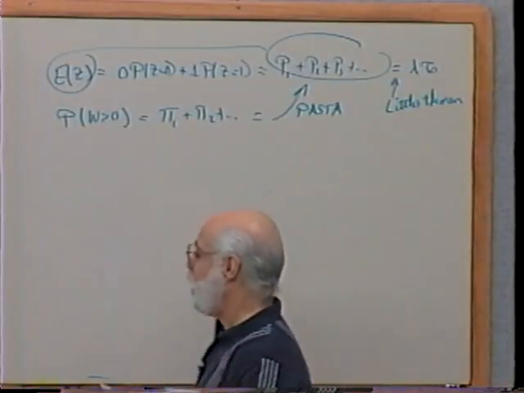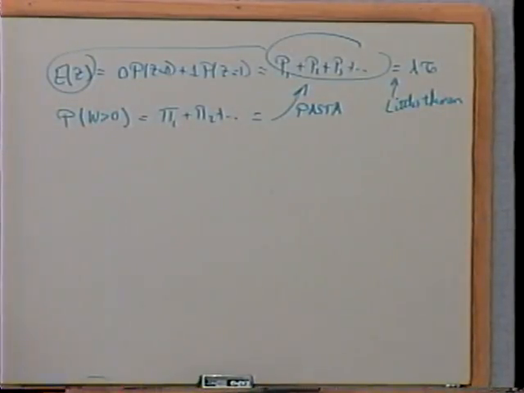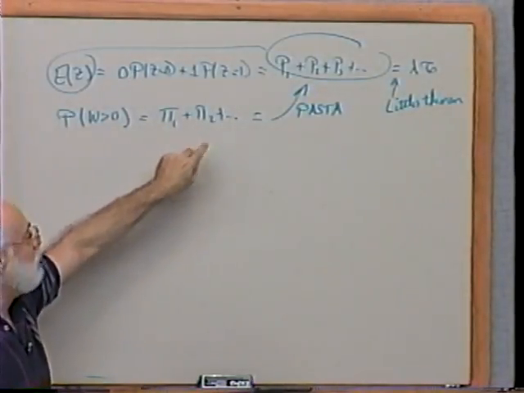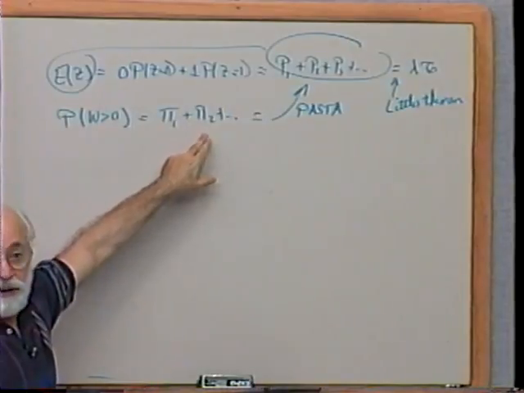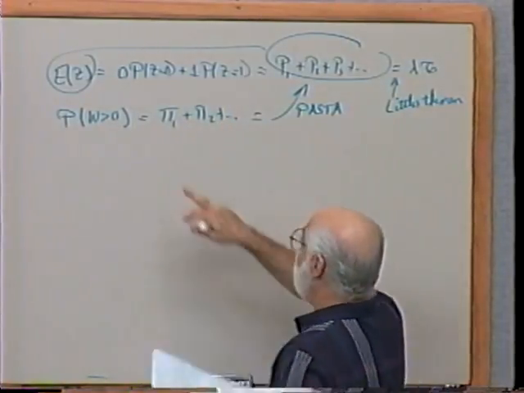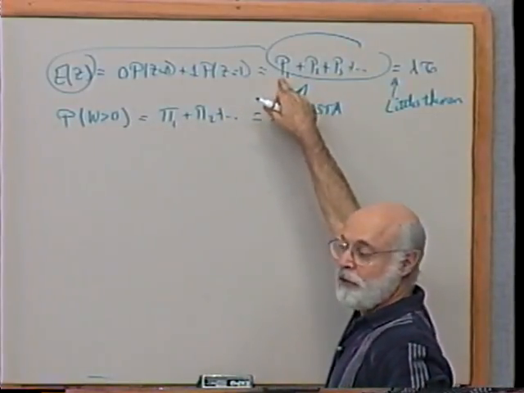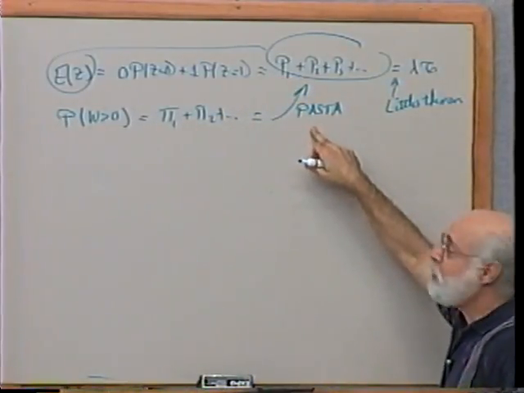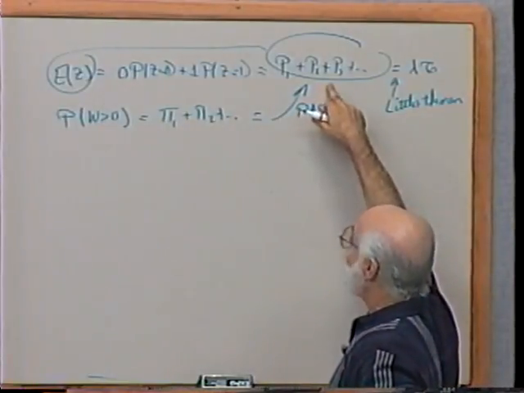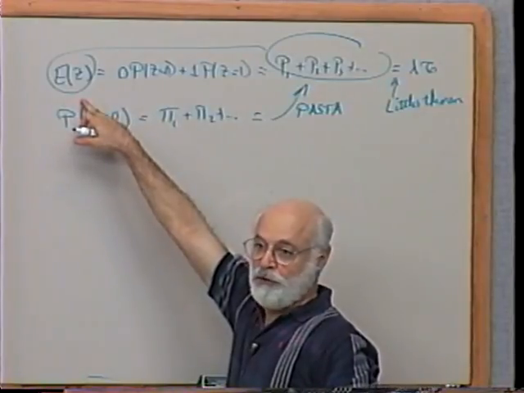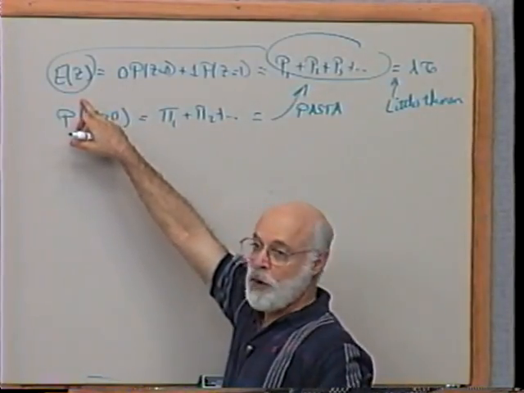Okay, so look how all of these things tie together now. We want to calculate the probability that the waiting time is greater than 0. And that is the sum of the probabilities that the arriving customer finds the system in each particular state. But the probabilities from the viewpoint of the arriving customers are the same as the probabilities from the viewpoint of the outside observer by PASTA. And those probabilities are the same thing as the expected value of Z, the number of customers present in the server, because that's a 0-1 random variable.